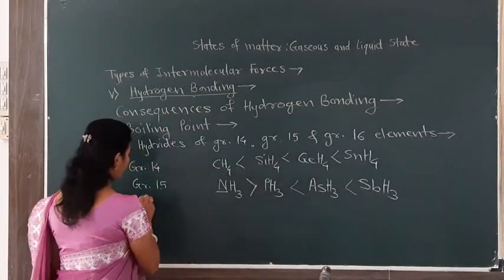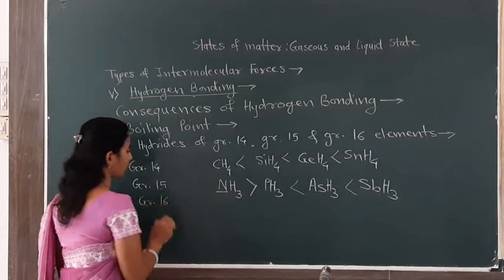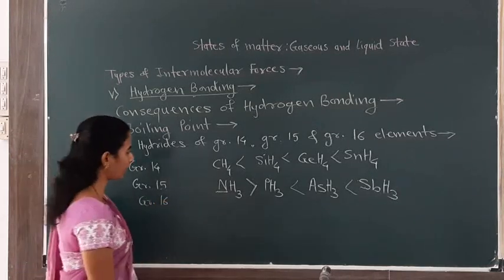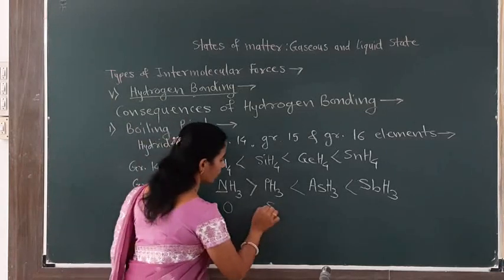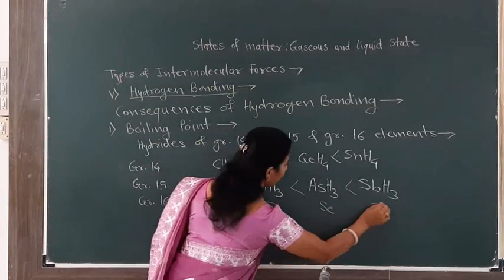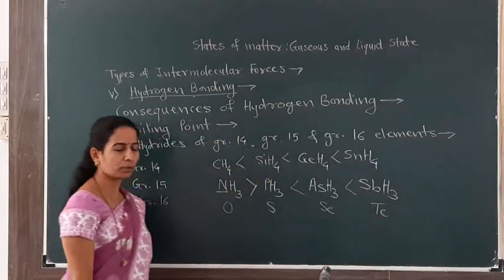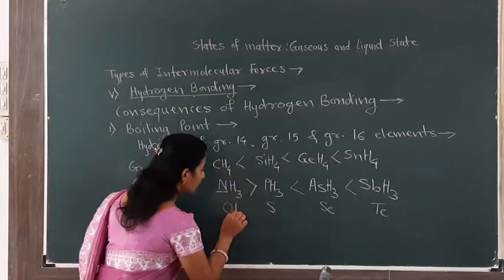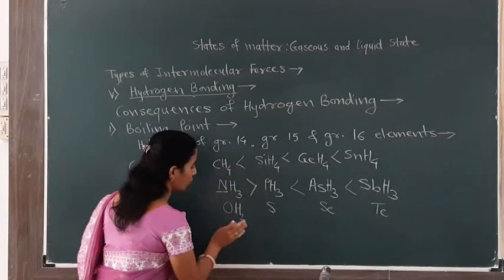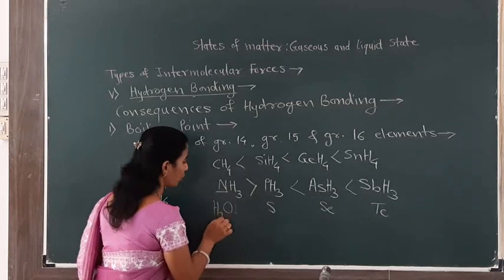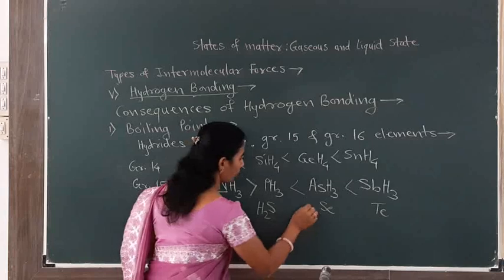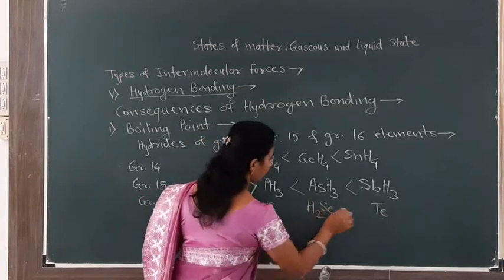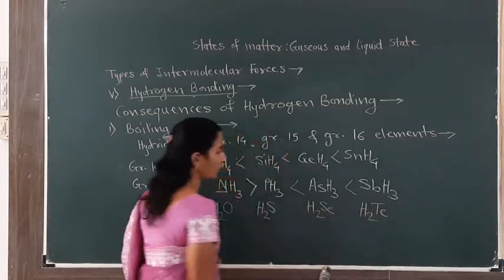Similar is the case of group 16, hydrides of group 16 elements. The elements of group 16 are oxygen, sulfur, selenium and tellurium. Their hydrides are shown like this: H2O, valency of oxygen is 2. Sulfur is forming H2S, selenium is forming H2Se.